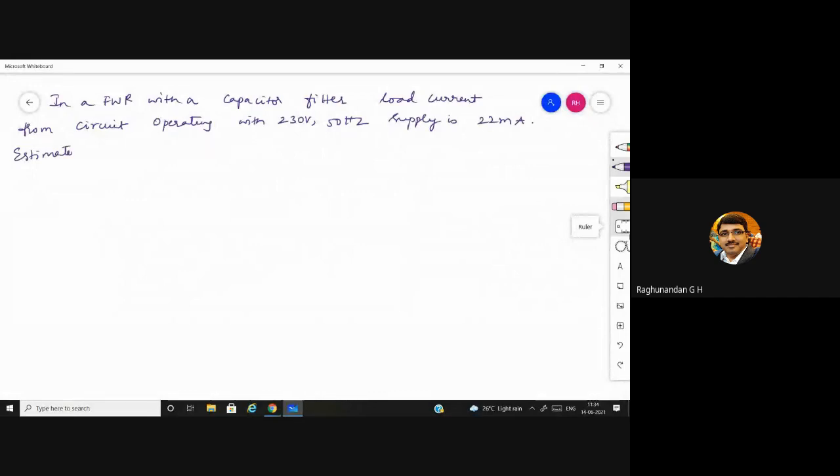Estimate the value of capacitor required to keep the ripple factor less than 1.2%, or make it just 2%. Ripple factor less than 2%.